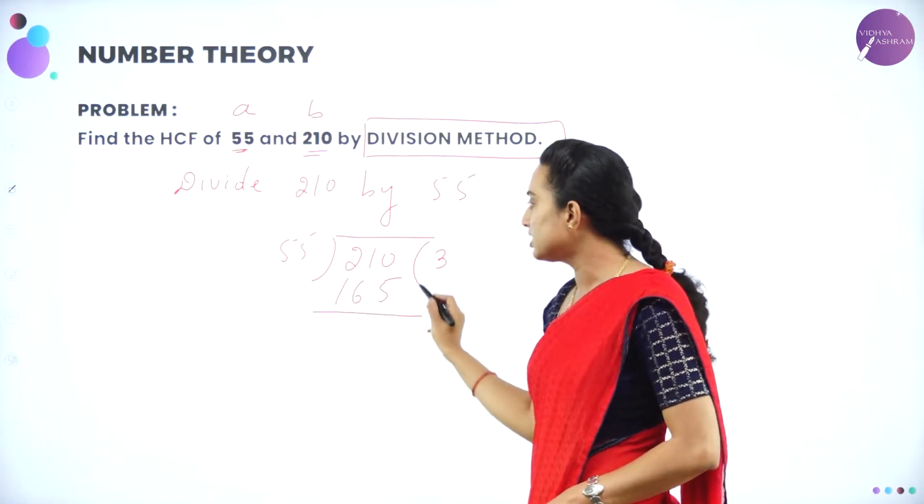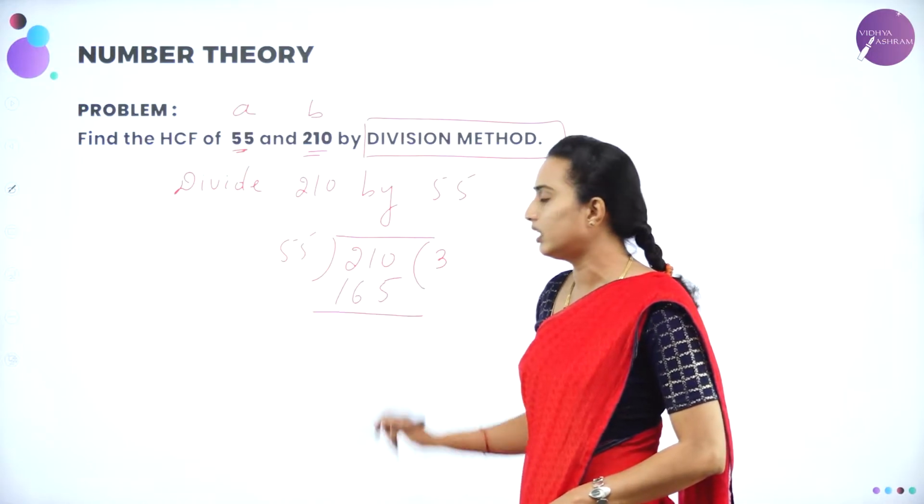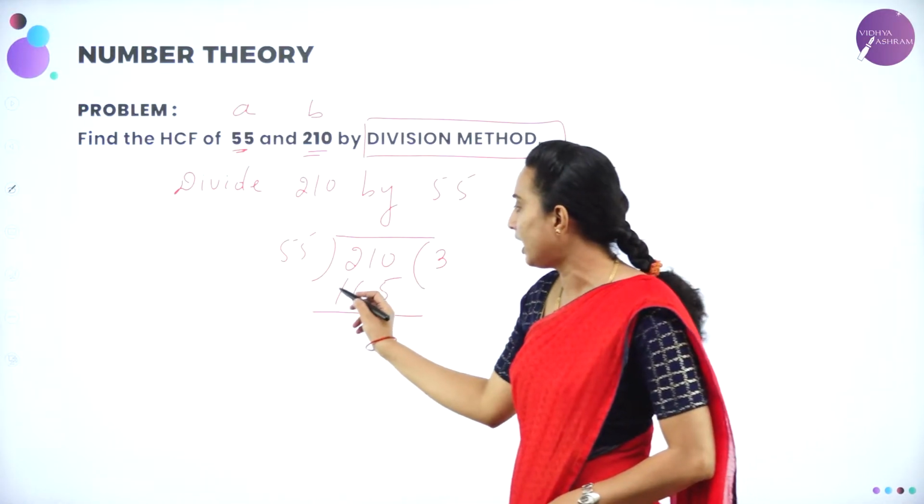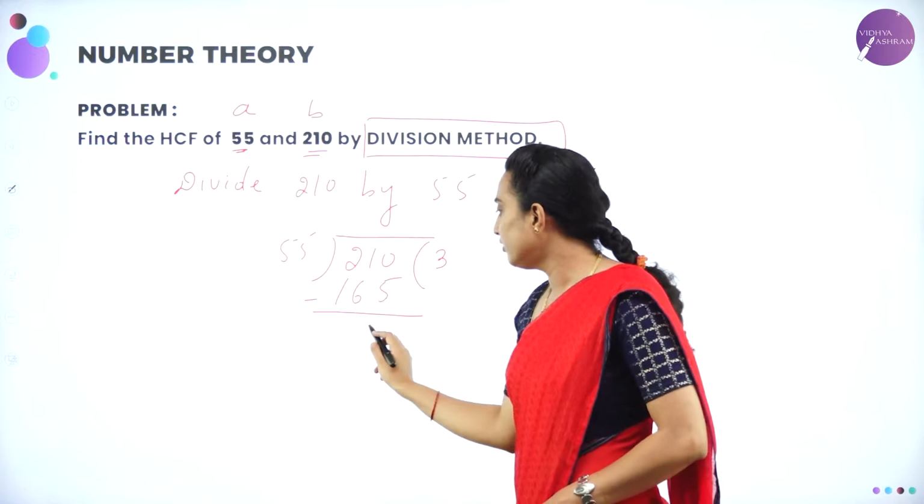Now if you subtract 165 from 210, you are going to get 45.